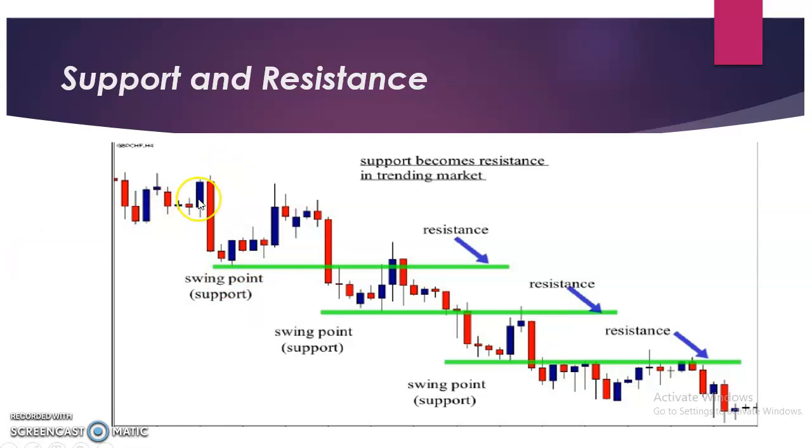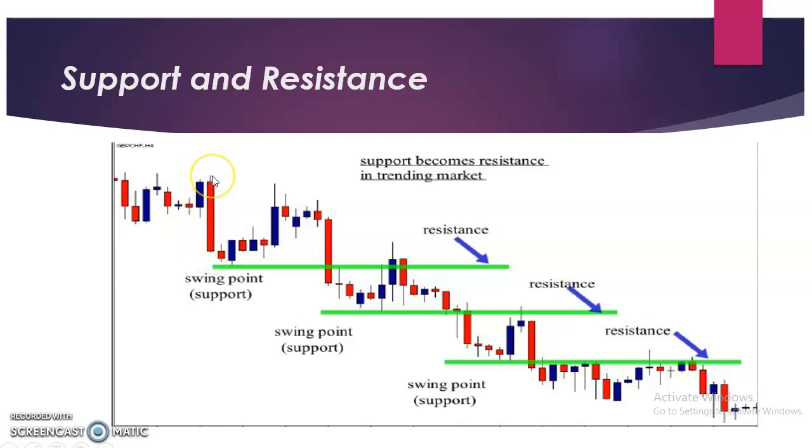Now, if you start from the left side of this screen where I'm pointing right now, you can see that this is a big candle that went to the downside. This is the last price before it began to plummet to the downside.